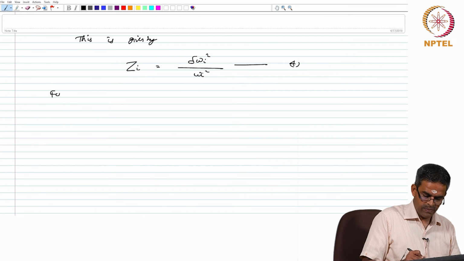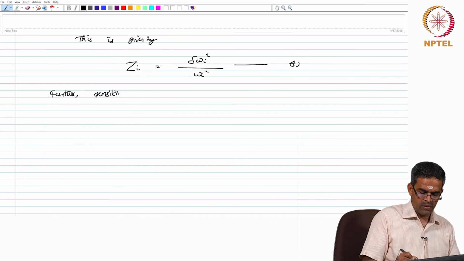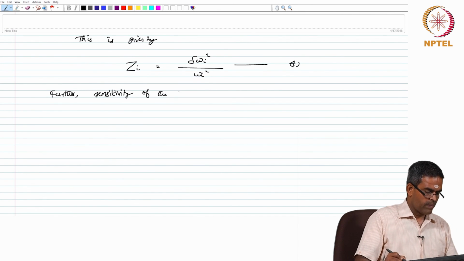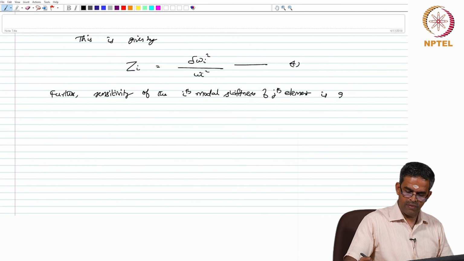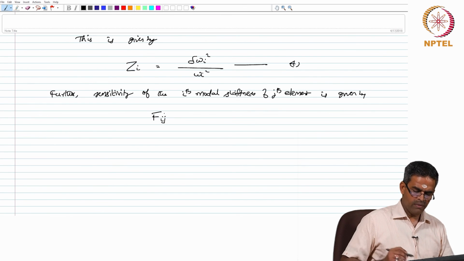Further, sensitivity of the ith modal stiffness of jth element is given by Fij, which is Kij by Ki.